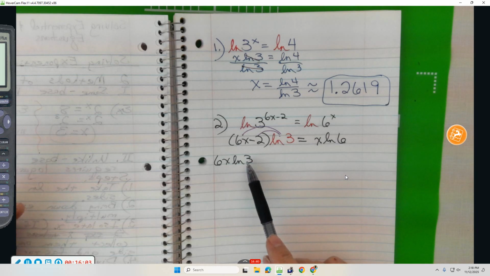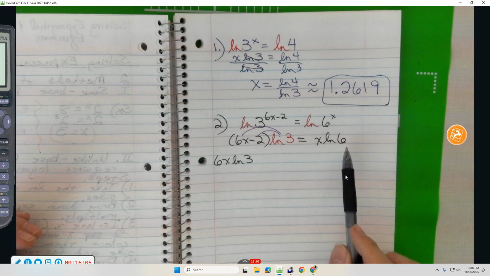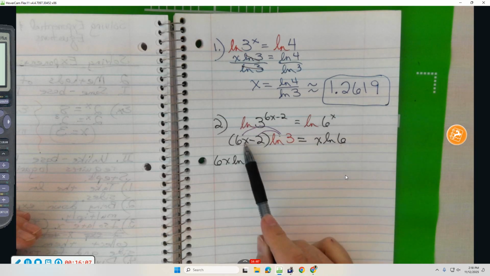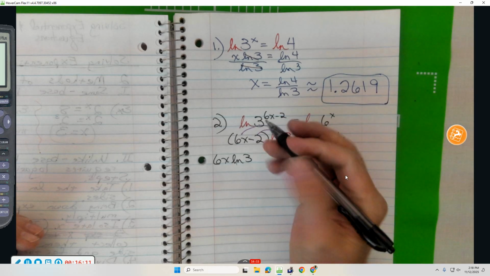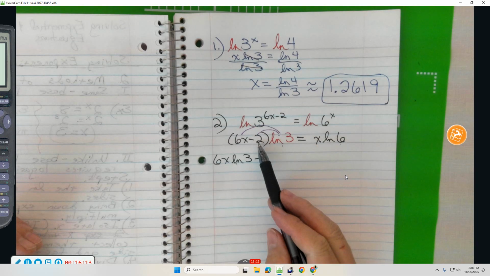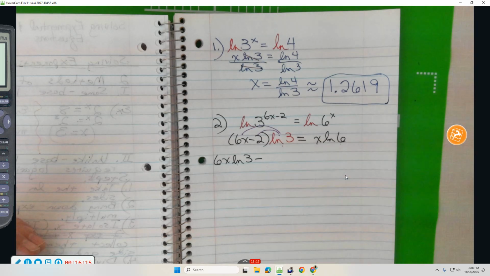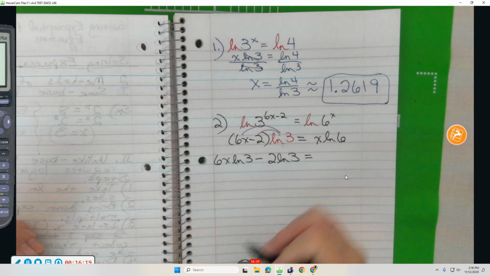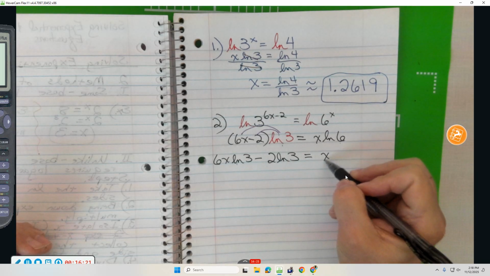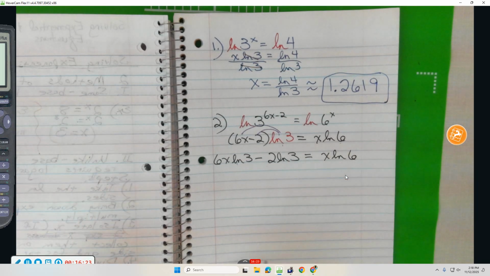All I can have are ln3s and ln6s. So 6x times ln3 is 6x ln3, minus 2 times ln3 is 2 ln3, equals, and I still have that x ln6.